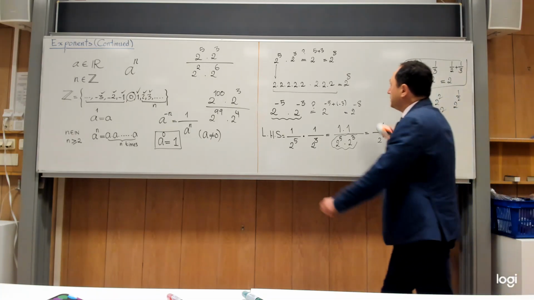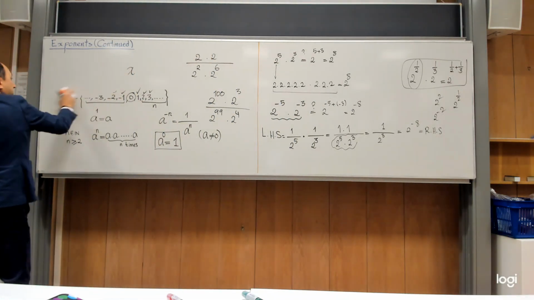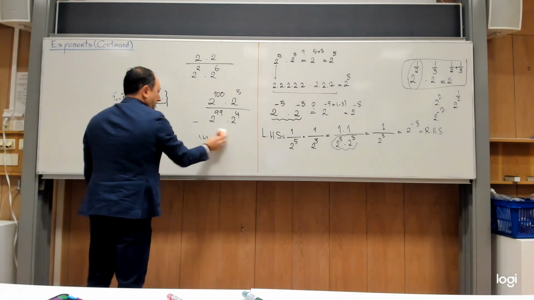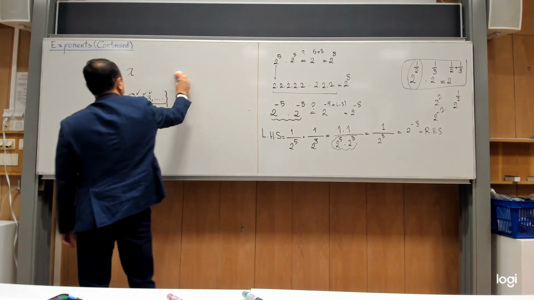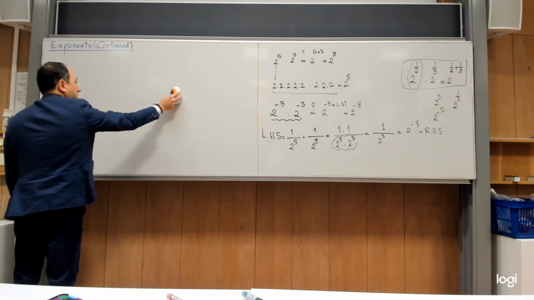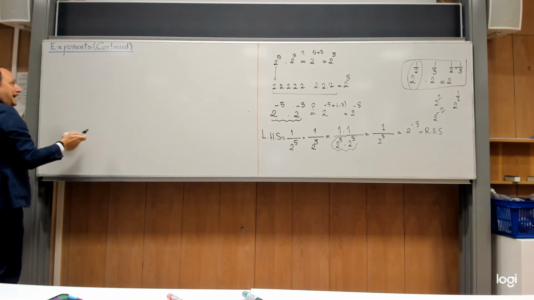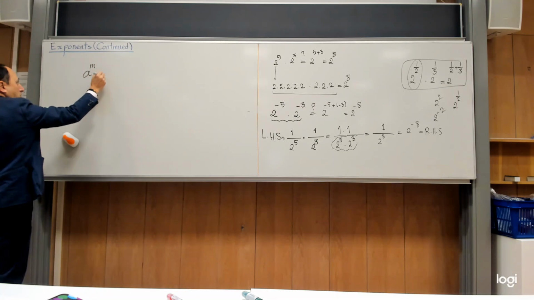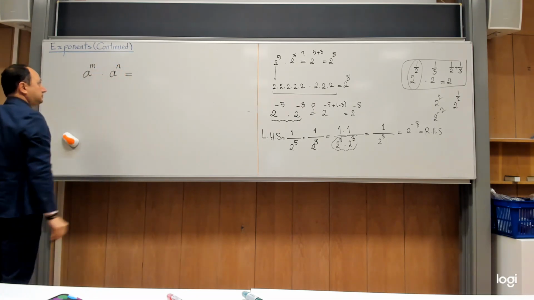Okay, so let me just write this one for you as a rule. And I really want you to memorize the formulas after understanding them. It's a very good practice for your memory. So if I have a to the power m multiplied by a to the power n, what can I write in front?